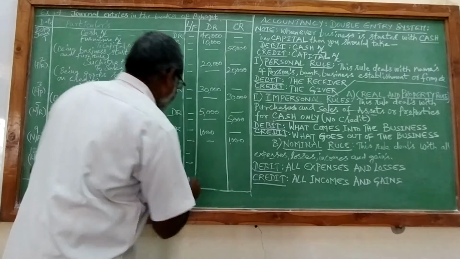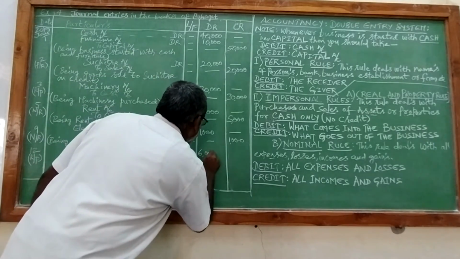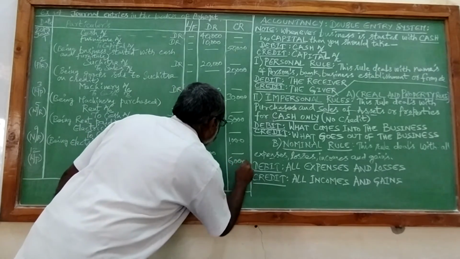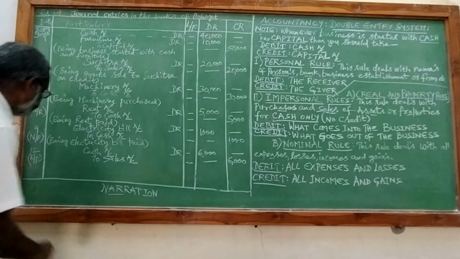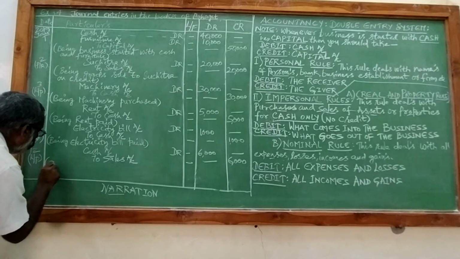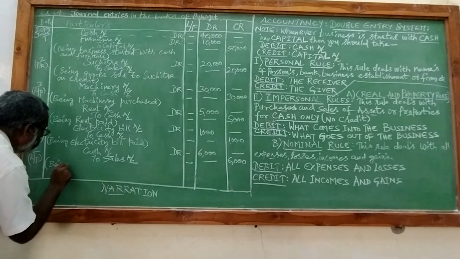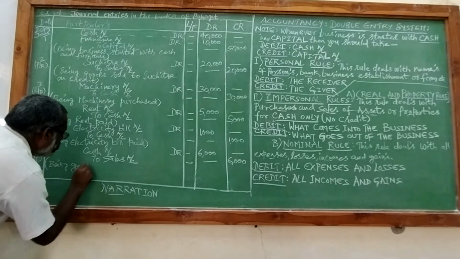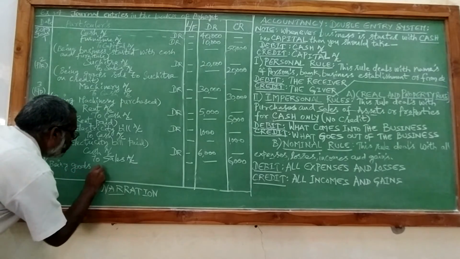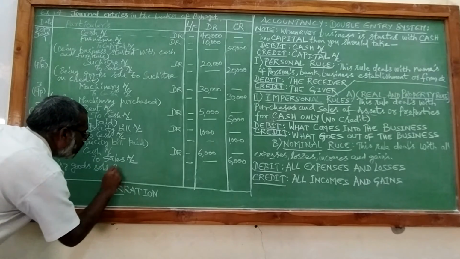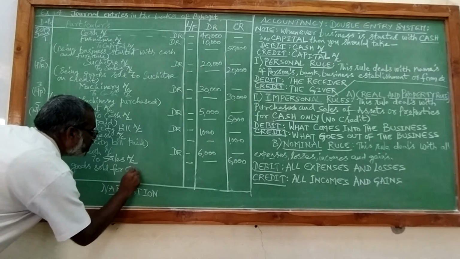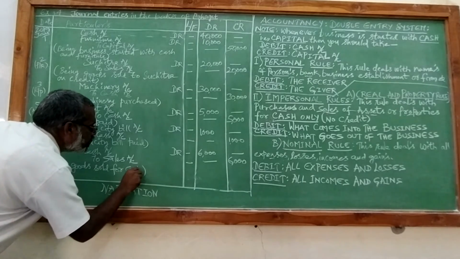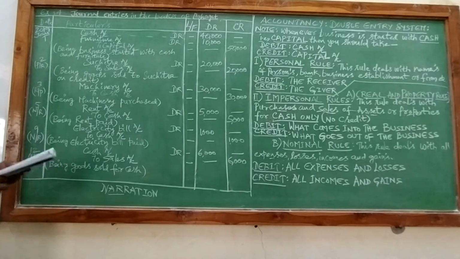That is 6,000 rupees. Being goods sold for cash.